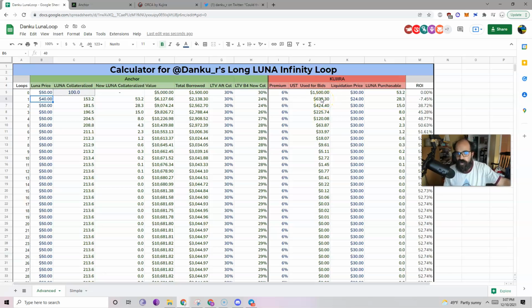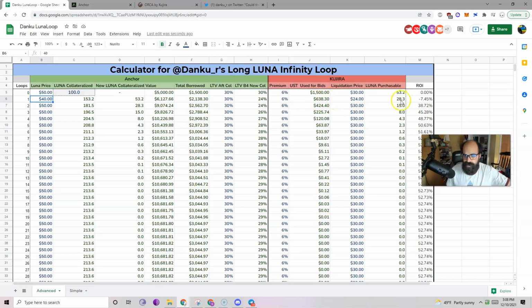You have to remember, you already spent that $1,500 on discounted Luna, and then you took that discounted Luna that you bought, and you re-collateralized it. So now you borrow against that newly added collateral, and you get $638 to go back to Kujira and bid again.